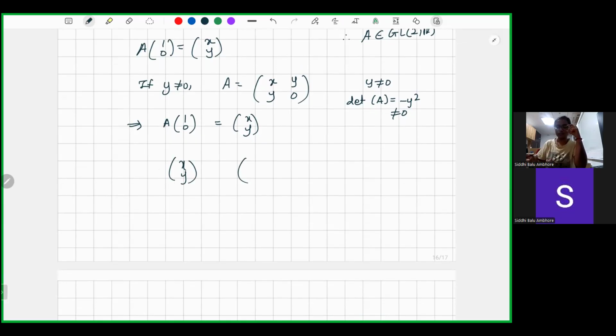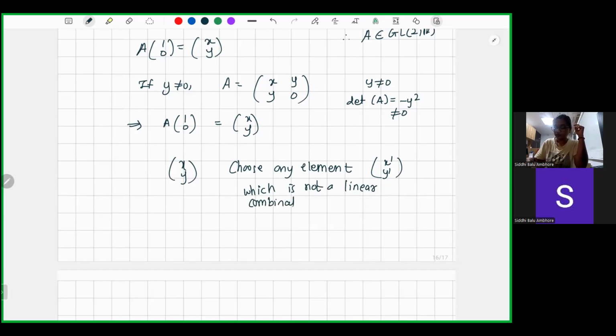Okay, so whatever you want, choose any element x dash y dash which is not a linear combination of this xy.